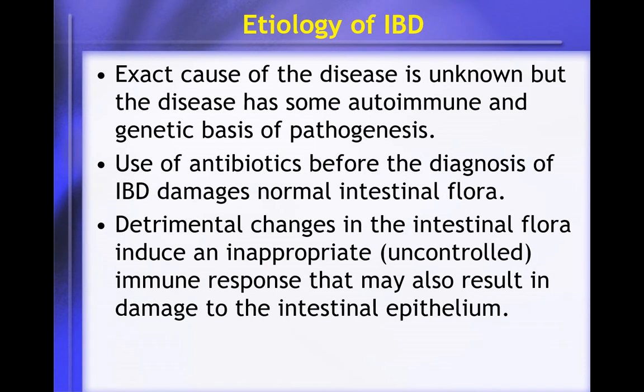The exact cause of inflammatory bowel disease is not known, but the disease has some autoimmune and genetic basis of pathogenesis. Use of antibiotics before the diagnosis of IBD due to diarrhea damages normal intestinal flora, and this damage to the intestinal flora induces an inappropriate, uncontrolled immune response that may also result in damage to the intestinal epithelium.